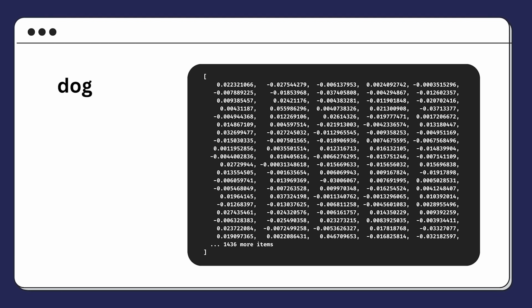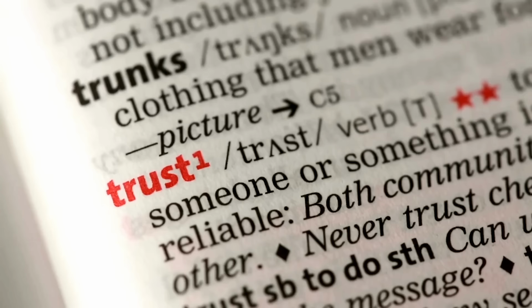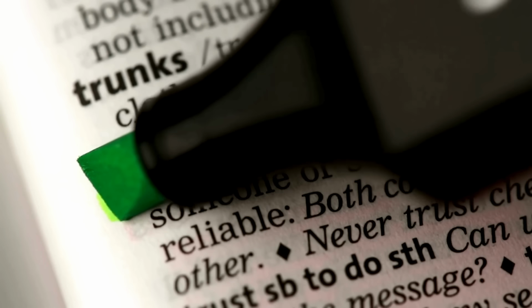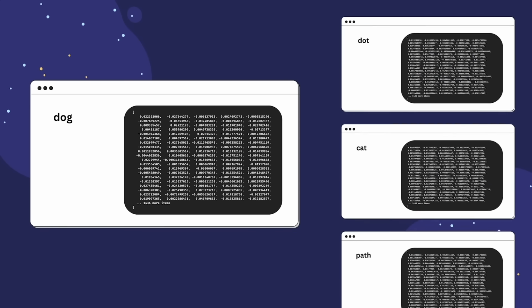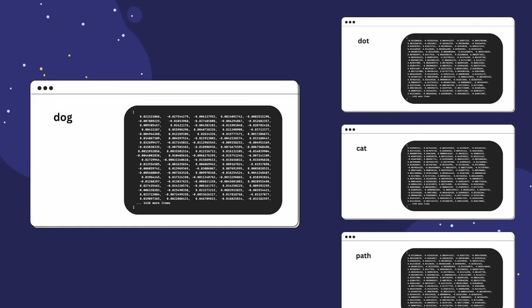Now, all these little numbers essentially help a computer understand what words are similar to dog. Because for example, computers don't think like humans, right? If you were to ask a computer what word is similar to dog, it would most likely come back with a word that is lexicographically similar and come back with a word like dot. Thanks to these vector representations, a computer can now look at words like dot, like cat, and like path, and thanks to all the little numbers, figure out that dog and cat are in fact most similar in meaning.